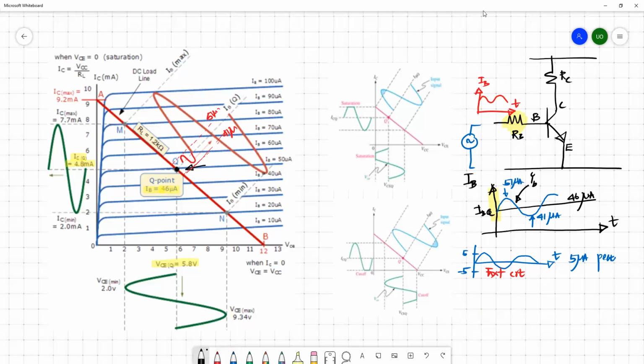The Q point moves from here and oscillates between these two ends. Then you can easily project it to the collector-emitter junction voltage and collector current. If you project it, it's something like that. So here we have this kind of arrangement, and here also this kind of arrangement.